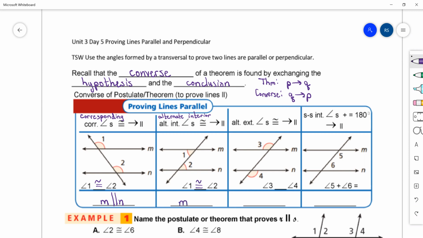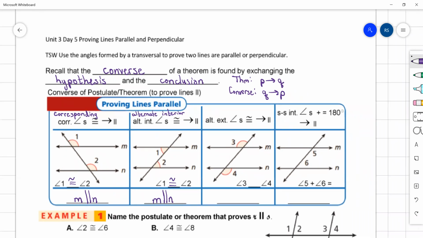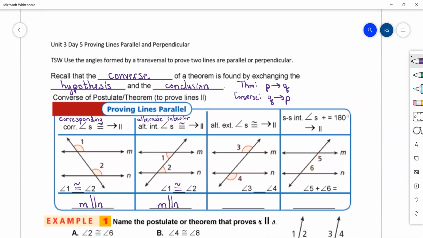Therefore, line M is parallel to line N. This is alternate exterior. So if you have alternate exterior angles that are congruent, then the lines are parallel. So angle 3 is congruent to angle 4, which means line M is parallel to line N.